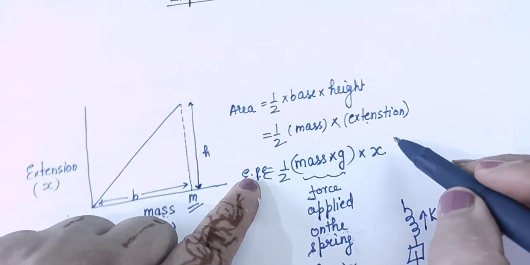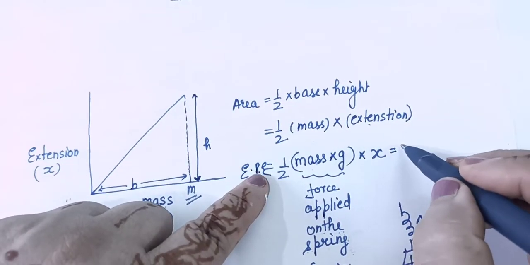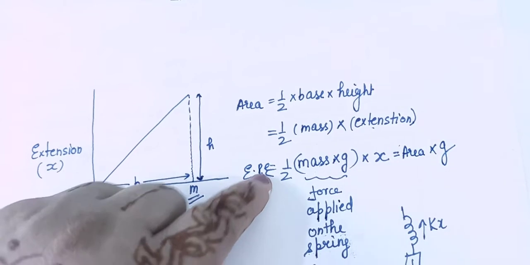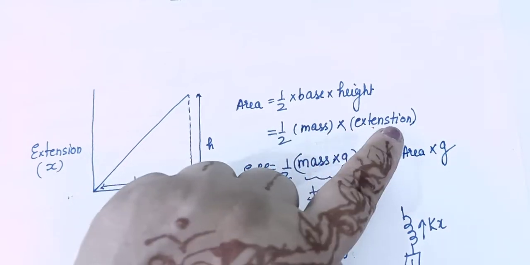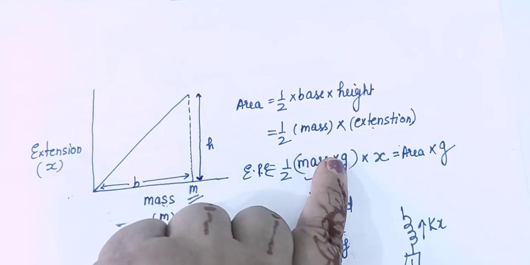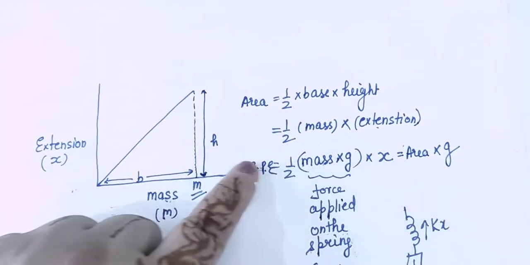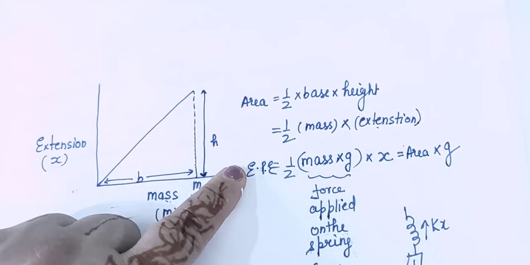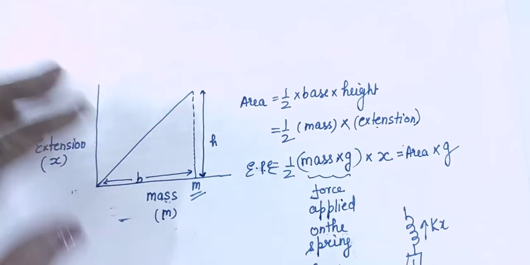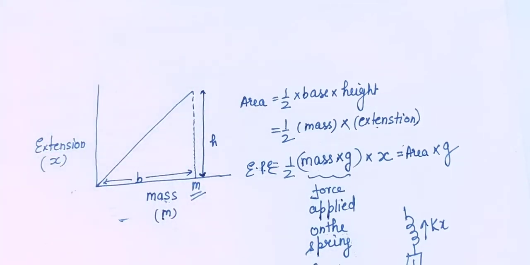So actually we have to calculate elastic potential energy by multiplying the area covered by the graph with g. You see here that mass into extension is not giving you elastic potential energy. When you multiply it with g, then this will give you elastic potential energy. So let us follow the rules to find elastic potential energy with the graph which we have drawn.